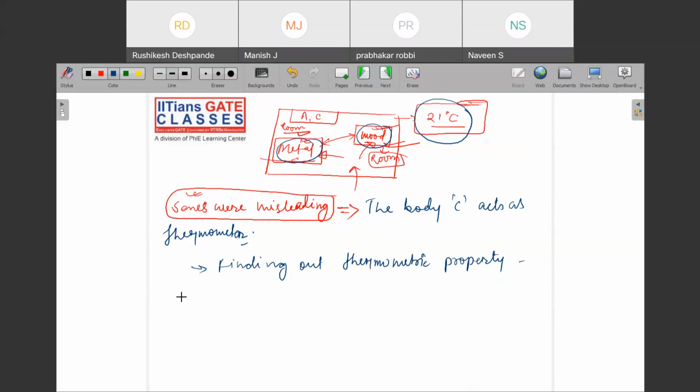Let us try to identify. Based on finding out this thermometric property, we have a number of thermometers, and let us understand them one by one. One is the resistance thermometer.